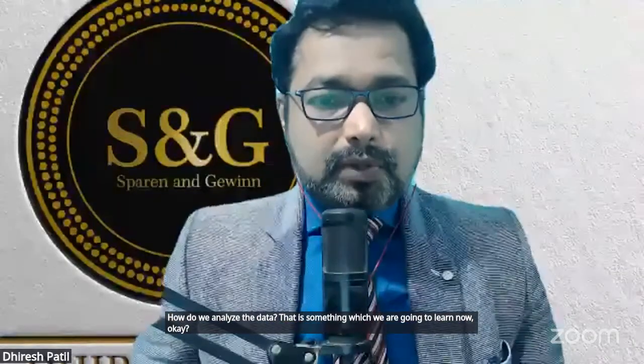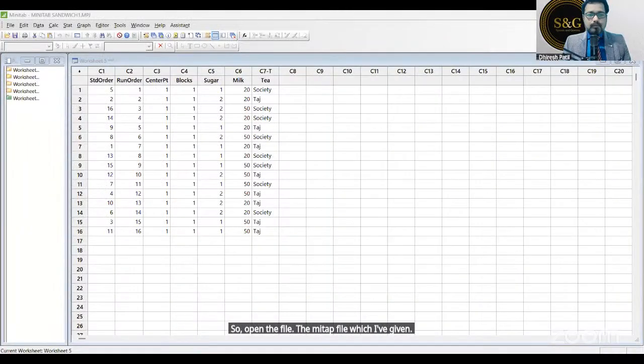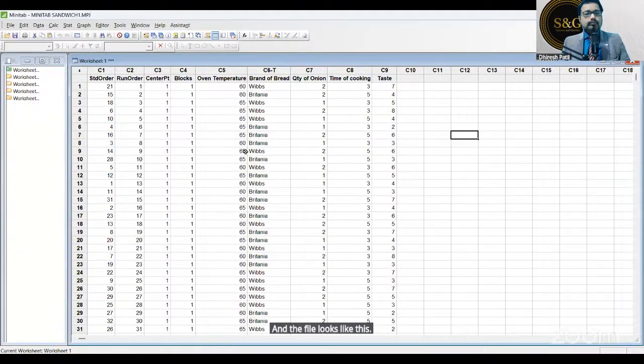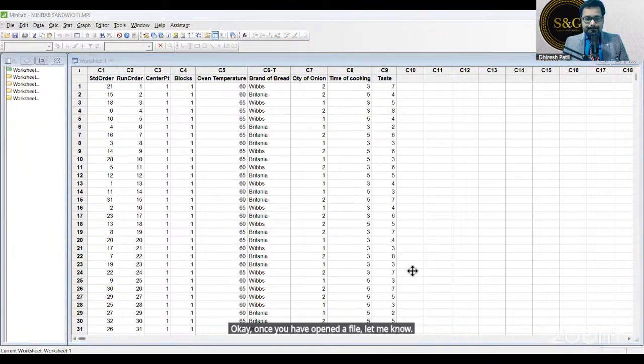Now what we will do is start analyzing the data. How do we analyze the data? That is something we are going to learn now. Okay, open the Minitab file which I have given. And the file looks like this. Once you have opened the file, let me know.